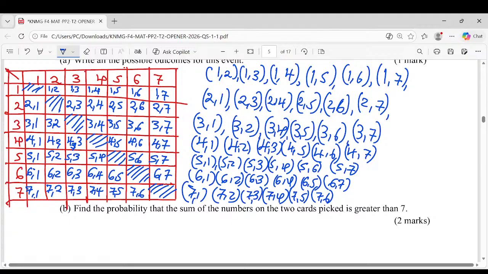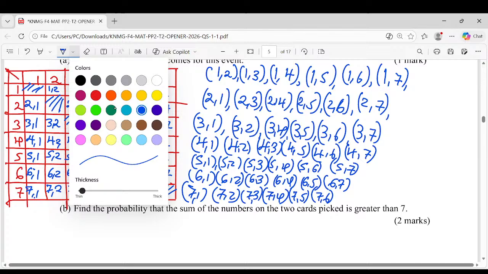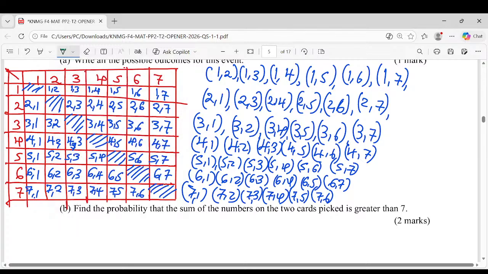Find the probability that the sum of the numbers picked is greater than 7. Let us see the ones that give a sum that is greater than 7. I'm going to use a green pen to mark them.